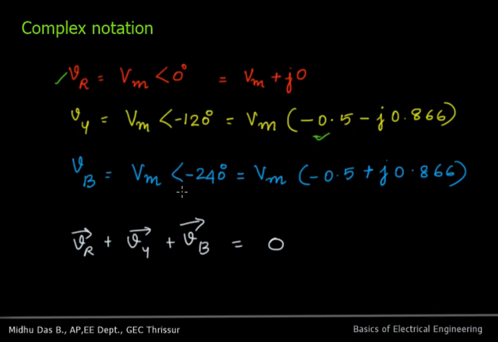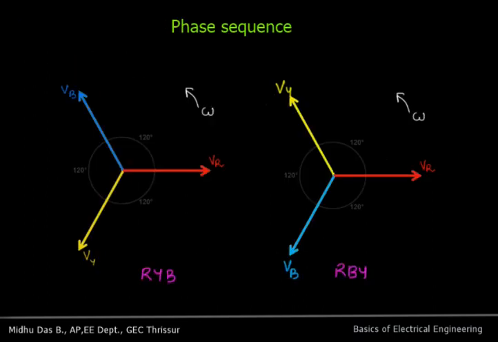Then Vb is Vm angle minus 240. You can convert it into complex form: Vm times minus 0.5 plus j 0.866. This expression also, if you take the phasor sum of VR, Vy, Vb, you can check in your calculator, you can verify it is again coming to 0 here.